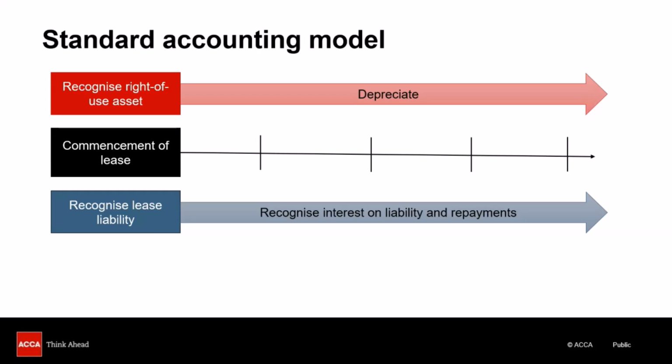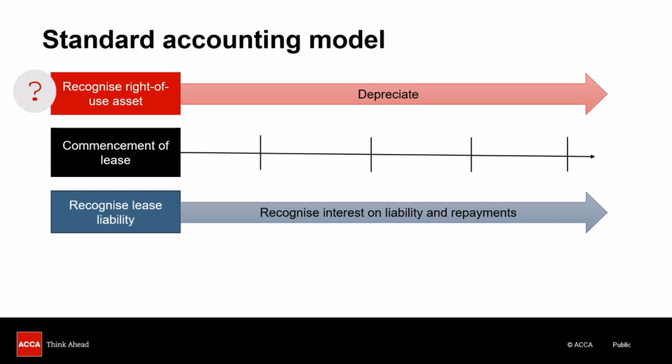Whereas in case of liability, on the very first day we recognize the present value of future lease payments as the lease liability. There are some other components also, we'll discuss them shortly. And then as the years pass, we recognize interest expense on this lease liability and the installments paid are recognized.